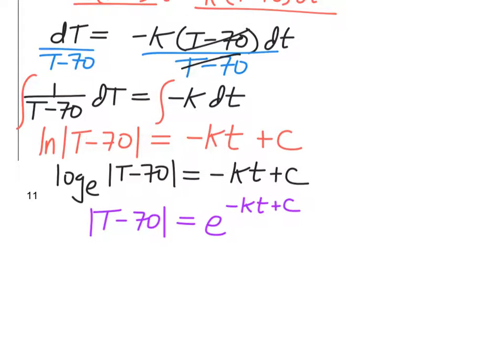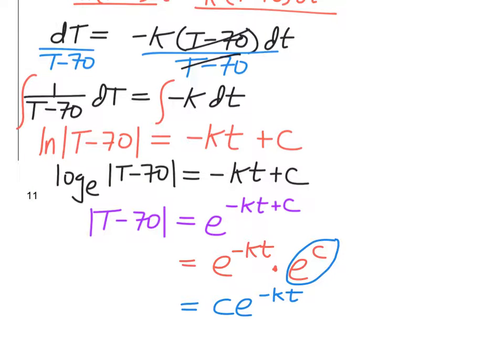The right-hand side can be changed. Instead of having it as e to the negative kt plus c, how else could I write it? Close. You got the right components, not plus, times. All right. Now, what is e to the c equivalent to? C. So this would be the same as saying c e to the negative kt power.